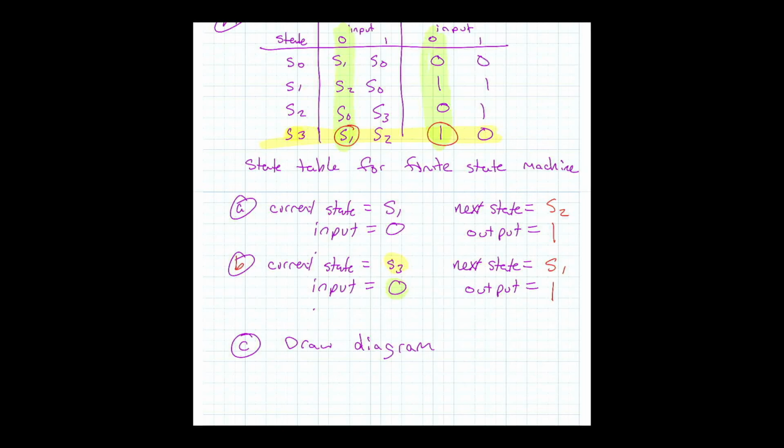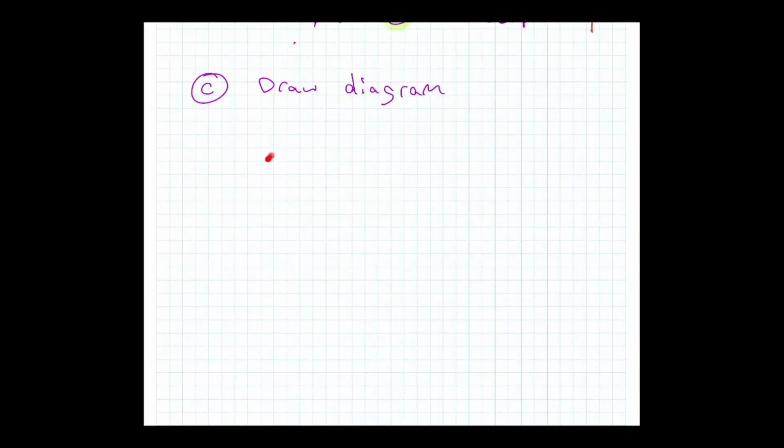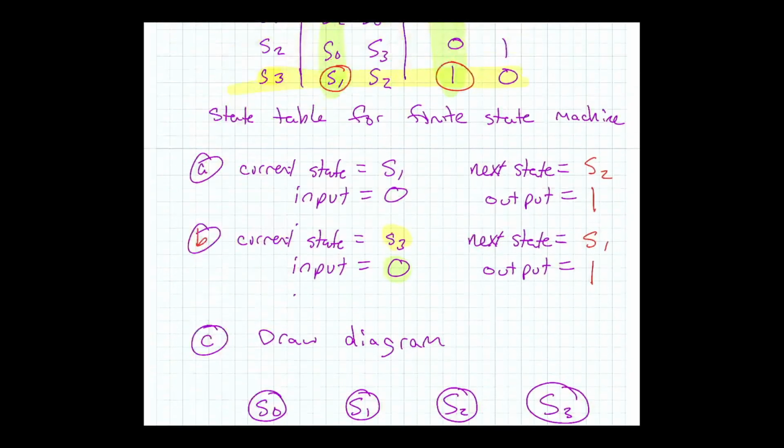So what you do is you put your 4 states, S0 to S3, as circles here. S0, S1, S2, S3, and then each row of the table is 2 arrows, actually.